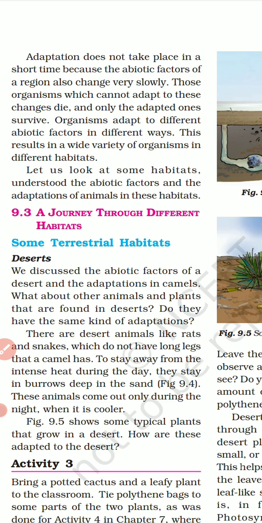Organisms adapt to different abiotic factors in different ways. This results in a wide variety of organisms in different habitats. Let us look at some habitats. Understand the abiotic factors and the adaptation of animals in these habitats.